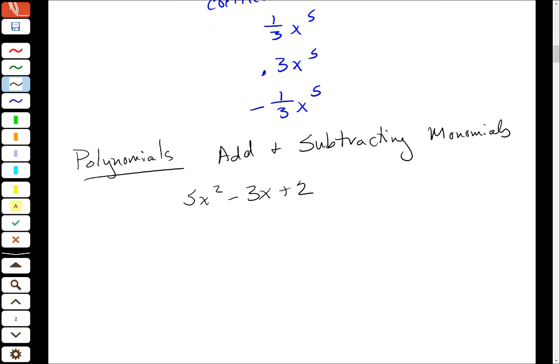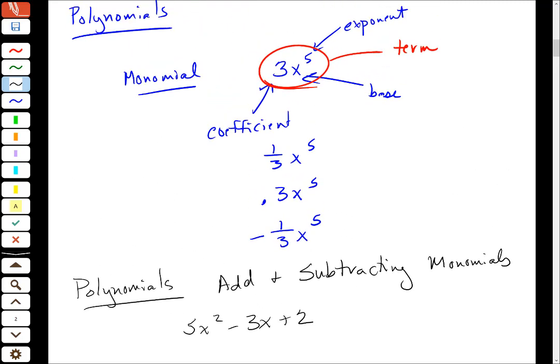Again, I might make a real important distinction because I forgot something. This exponent here for monomials has to be a whole number, and it can be 0, 1, 2, 3, 4, 5, 6, and on, right?